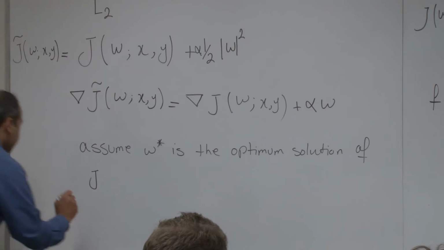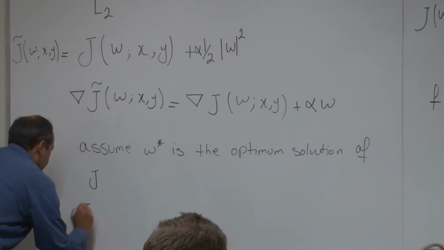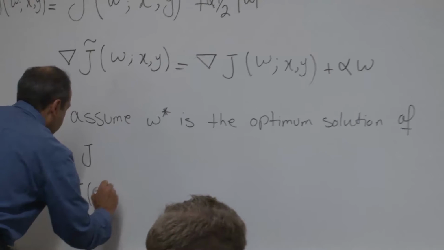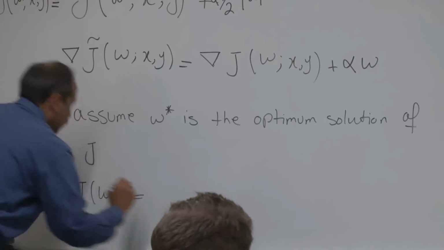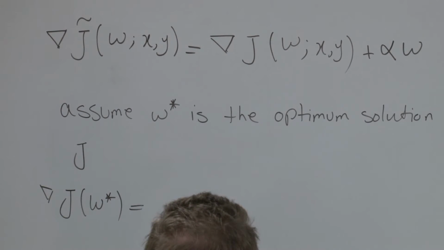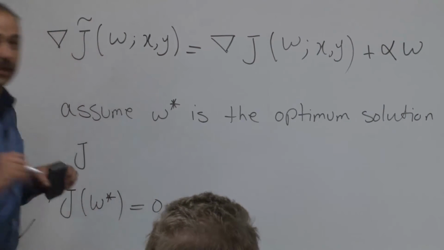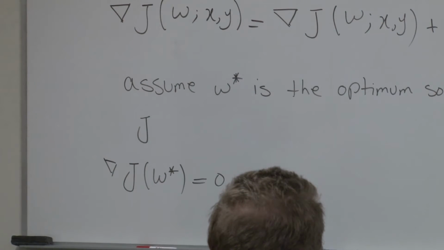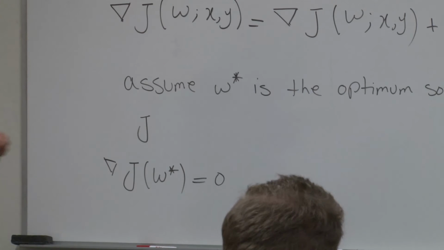So this implies that the derivative of J at w star is equal to 0. I assume w star is the solution, which means the derivative of J at point w star is 0.